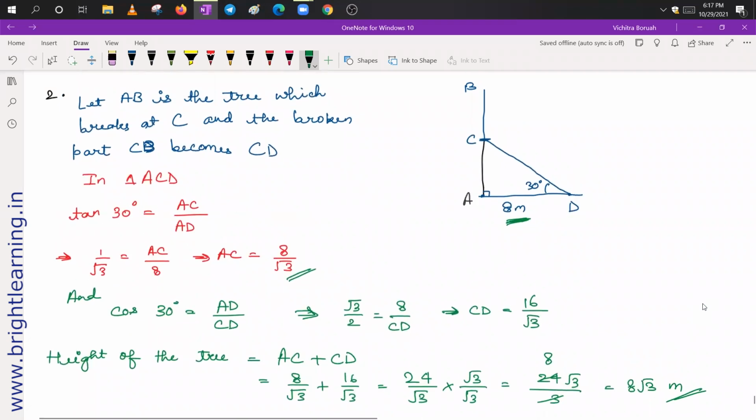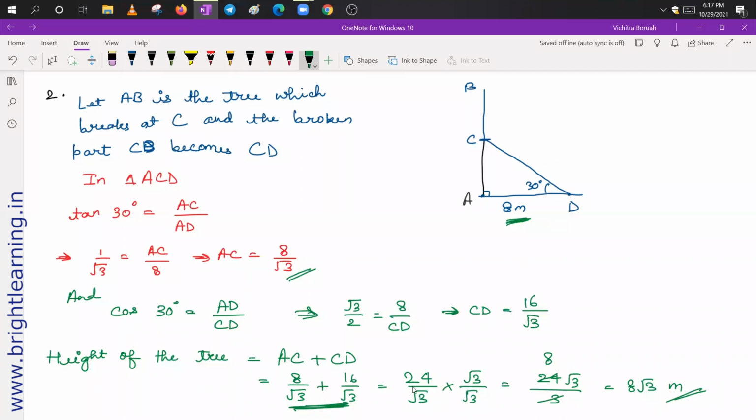Okay, students, understood? So why are we converting 16 into root 3? Which one? This part? Yes, sir. Last part. Okay, 8 upon root 3 plus 16 upon root 3. If you take LCM, here you will get root 3 only.